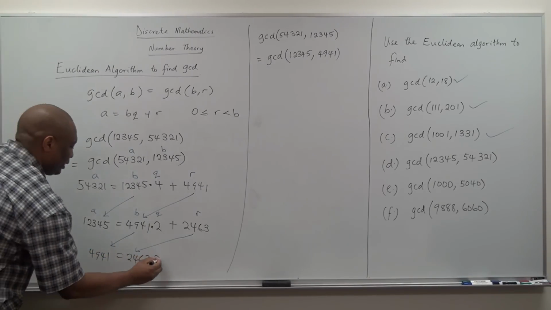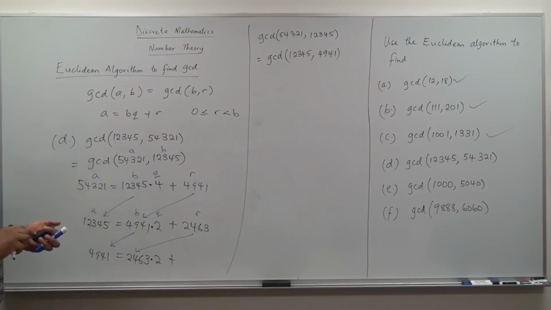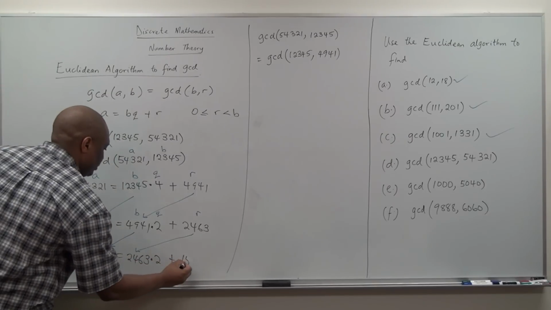You bring the integer part. Then you do 2463 times 2, it gives you 4926, and you subtract it from 4941, so it gives you 15.